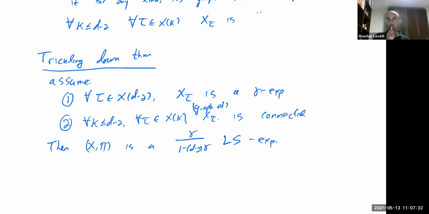Later, next week, we're going to see a different phenomenon where things actually improve as you go down in the complex, if you assume something stronger about the top level faces. But for now, this is a starting point, saying that if the top level faces or graphs are expanders, you can trickle down the expansion all the way down to the bottom and you don't lose too much.